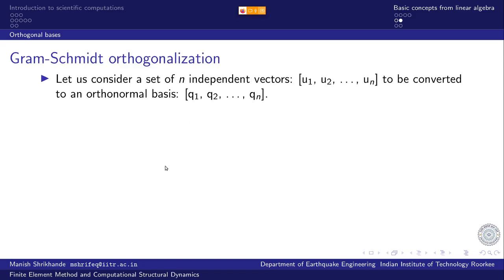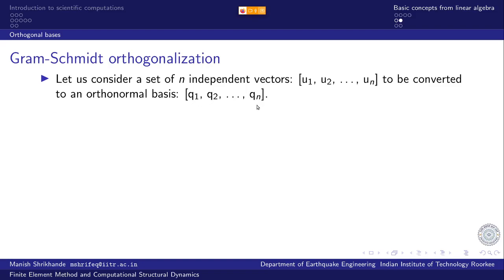And that orthogonalization procedure is, for any set of n independent vectors, they can be made mutually orthogonal by using the process of Gram-Schmidt orthogonalization. Any set of n independent vectors can be converted to an orthonormal basis. So u1, u2 up to un are independent vectors.